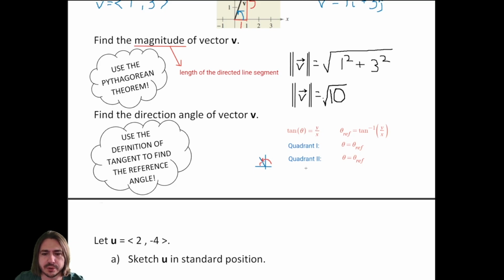So what we would do is we would add either 180 degrees if we're in degrees, or pi radians to the reference angle. So this reference angle will turn out to be negative because of the definition of a reference angle, and because of how we calculate it as well. And so we will add 180 degrees.